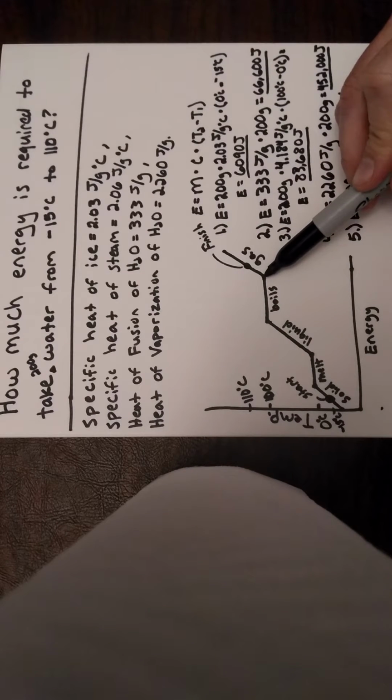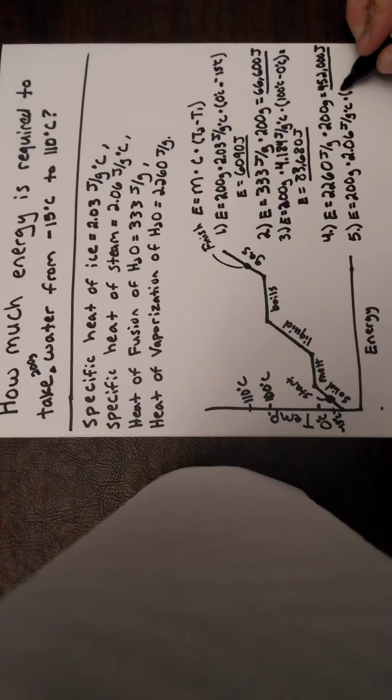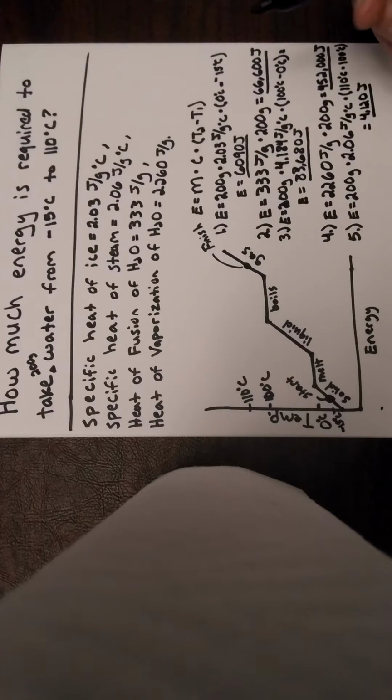T2, we're bringing it up to our goal of 110 degrees Celsius. So 110 minus 100 will come out to 10 degrees. When we solve this, we'll take our 200 grams times 2.06 joules per gram degree Celsius times, in parentheses, 110 minus 100, which comes out to 10. And it gets us 4,120 joules. That's how much energy it took to get from steam at 100 degrees to steam at 110 degrees Celsius.